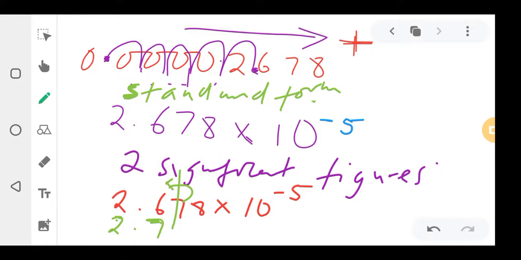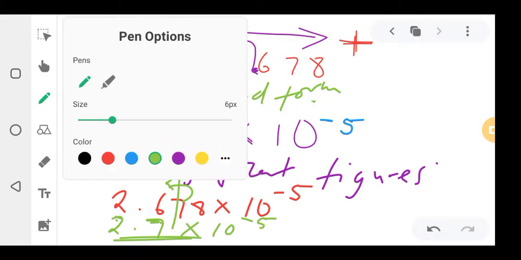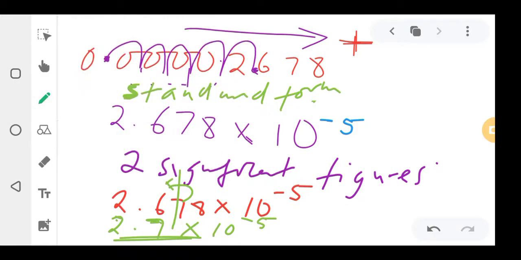So you add 1 to the number before, times 10 to the power negative 5. So my answer is actually 2.7 times 10 to the power negative 5.